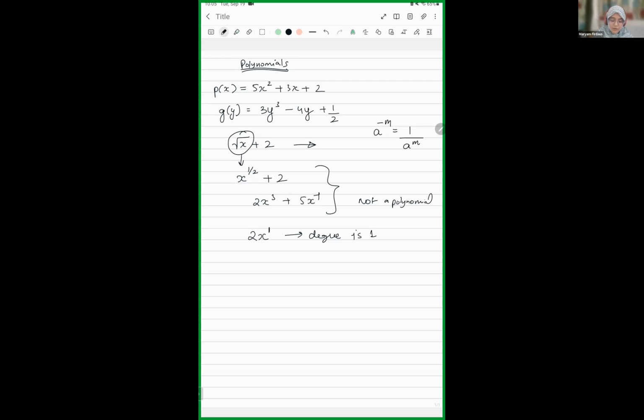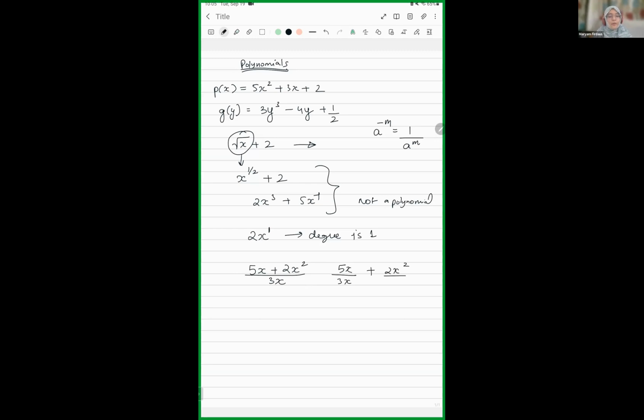What is the degree of the polynomial 5x plus 2x square by 3x? First of all, is this a polynomial or not? Yes, it's a polynomial, because when you simplify this expression, it becomes 5x by 3x plus 2x square by 3x.